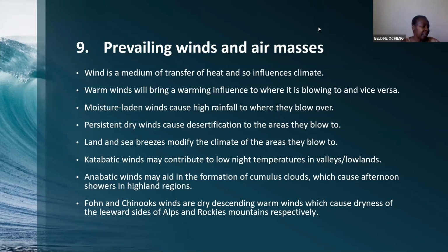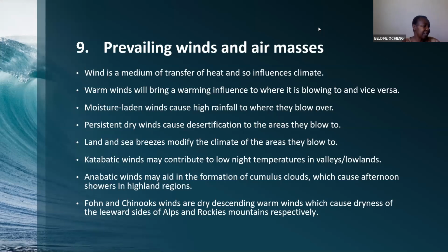While anabatic winds may aid in formation of cumulus clouds, which cause afternoon showers in highland regions. Anabatic, the ones in the daytime, afternoon, rainfall can be caused. Afternoon rainfall showers in the highland regions are very, very common for anabatic winds.